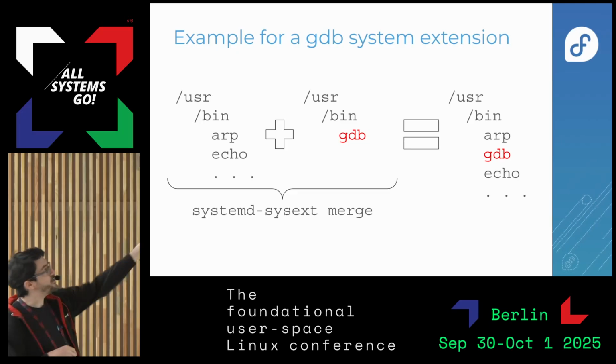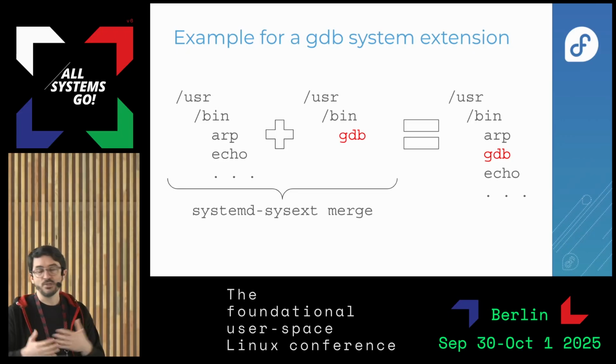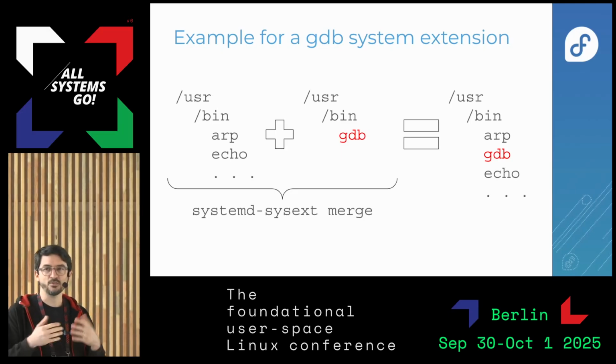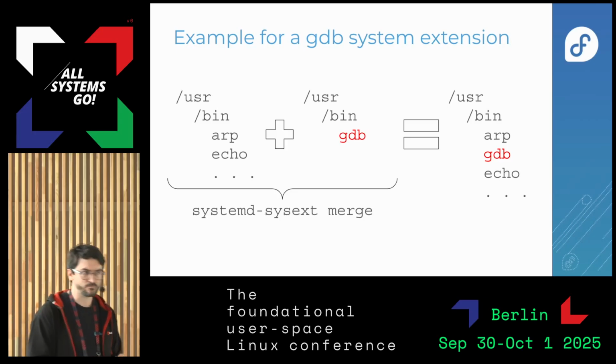Using the systemd-sysext merge command, it will merge this system extension with your normal /usr and bring you this overlay mount on top of /usr, and make it look just as if GDB was part of the image from the beginning, which is really, really nice. It makes adding tools to the system very convenient, very practical. You don't need any specific container knowledge or anything. It's GDB just like if it were part of the image by default.